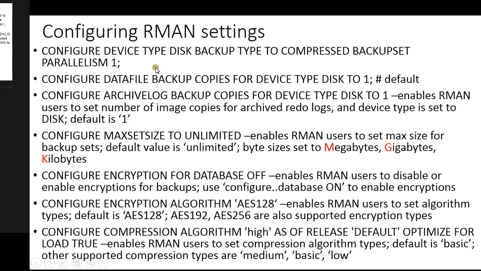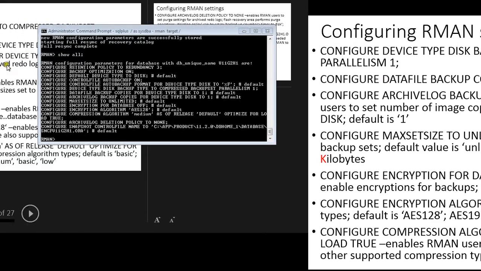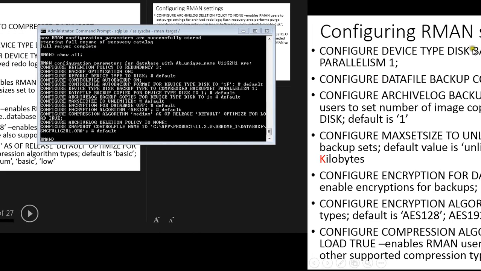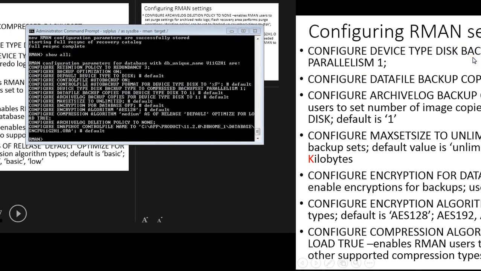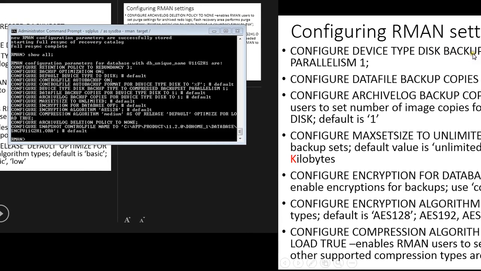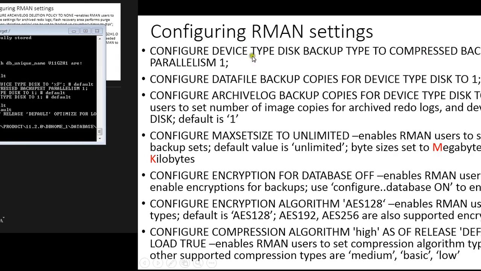And then you also have configure device type disk, and backup type to compressed backup set parallelism 1. This is the level of parallelism that's going to be used for my compressed backup set, and the default is 1.